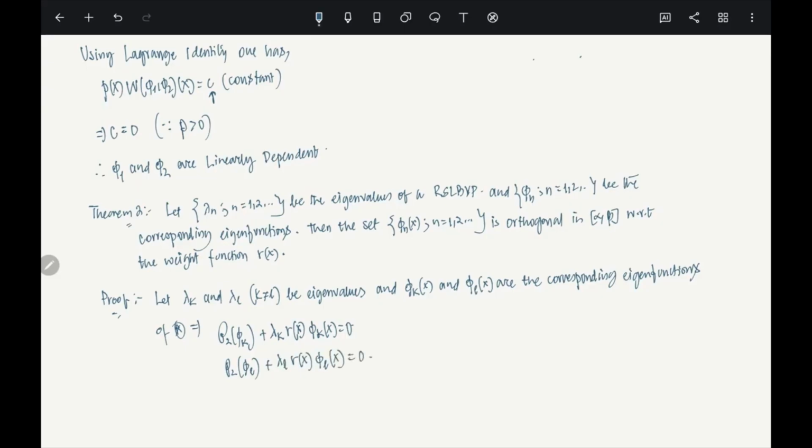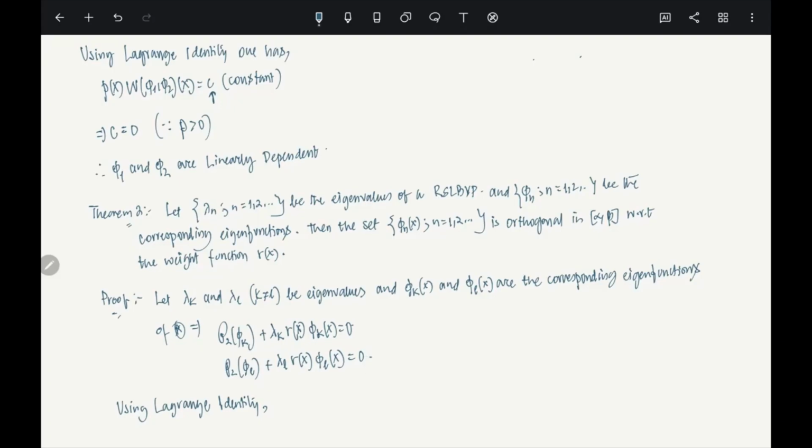Now we use the same Lagrange identity, or Green's identity, whichever you want to call it. You multiply the first equation with phi l and the second with phi k, and then you integrate.